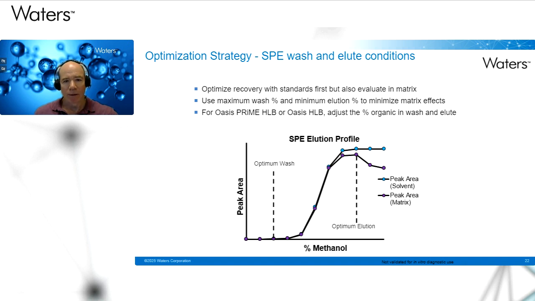In this figure, doing this experiment, I can see where my optimum wash is. I don't want to wash more than that, or I'll pull it off, as well as where the optimum elution is. If I elute with a weaker solvent, I'm not going to get it all off. I'll have lower efficiency.